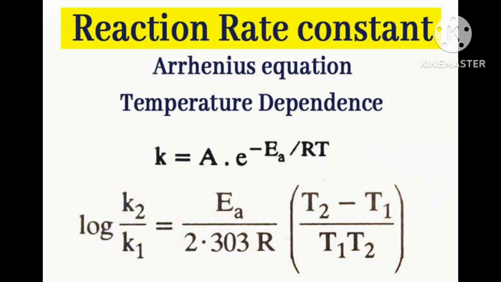Correct? If you are writing rate as minus dA upon dt, that is for 1 mole of A. If suppose 2 mole is there, then what will you write? For 2 mole, what will you write?